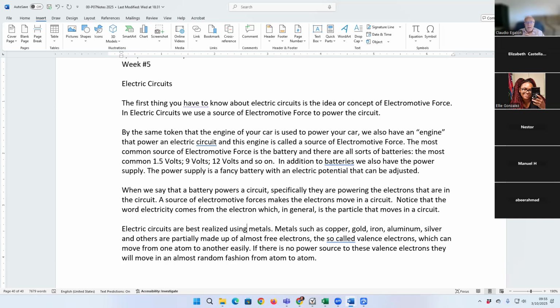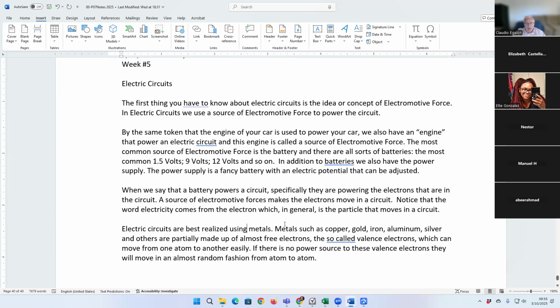We can use ionic solutions to form electric circuits. Plasma in space can also form electric circuits. But the best one that we are going to concentrate on are the electric circuits that we use with metallic cables, the copper cables that we have at home.